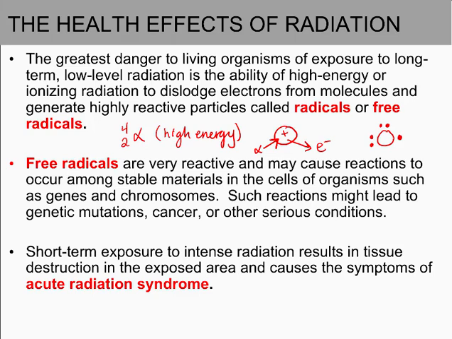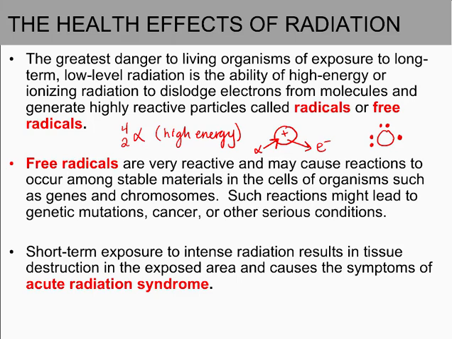Maybe it just has a single electron just hanging out on the side, which is unusual for oxygen. Free radicals are very reactive because, again, they have that one electron that really wants to pair up with something else. So that makes it really unstable.